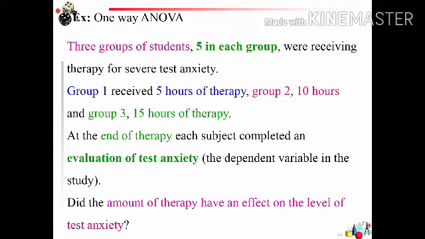At the end of therapy, each subject completed an evaluation of test anxiety, the dependent variable in the study. And did the amount of therapy have an effect on the level of test anxiety? So that's our research question. Did the amount of therapy have an effect on the level of test anxiety?